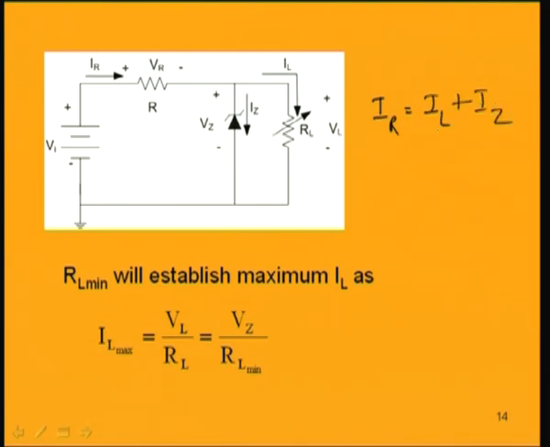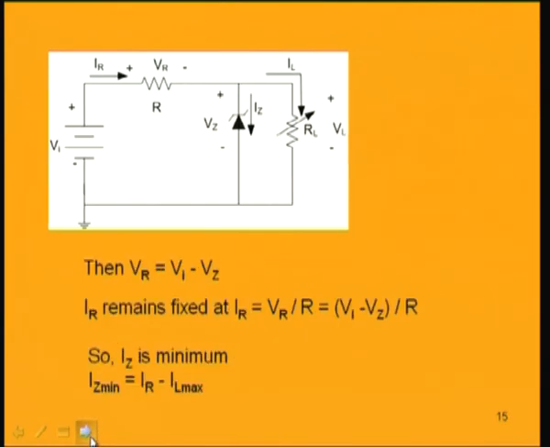Now, this IL is maximum because we are having a load resistance which is minimum. So, IL maximum will make IZ minimum because IR is constant. So, we have a condition for IL maximum, which is VL by RL, that is equal to Vz by RL minimum, the minimum resistance which we have just derived. That will give you the maximum load current and the minimum Zener current.